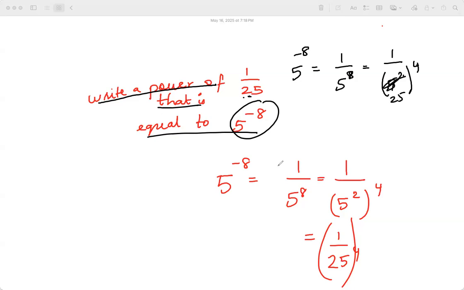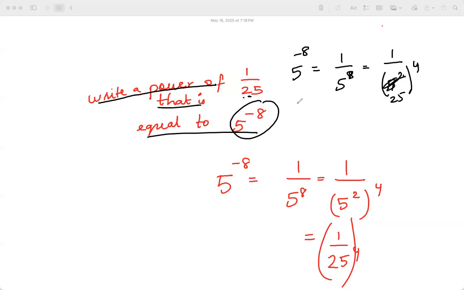Did you understand that? I still don't understand it. Where is it you didn't understand? How were you able to convert 1/5 to the power of 8 to 25 to the power of 4? Tell me the step. You can draw on the board.